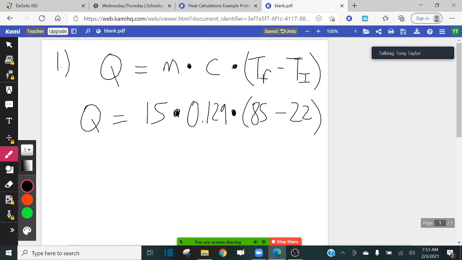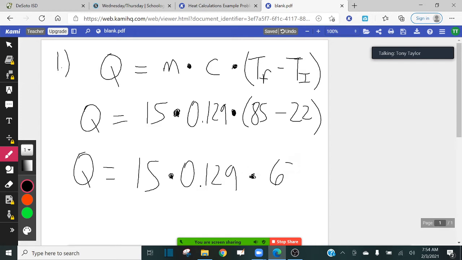Guys, so the rest is just putting everything in your calculator. What is 85 minus 22? That is equal to 63. So just do the math. Q is equal to 15 times 0.129 times 63.